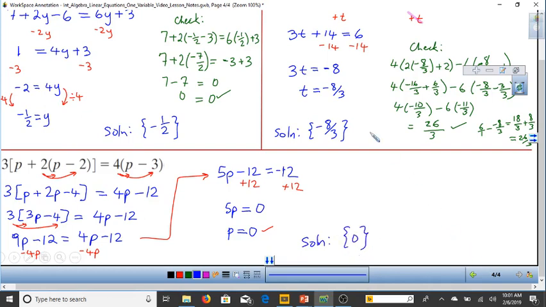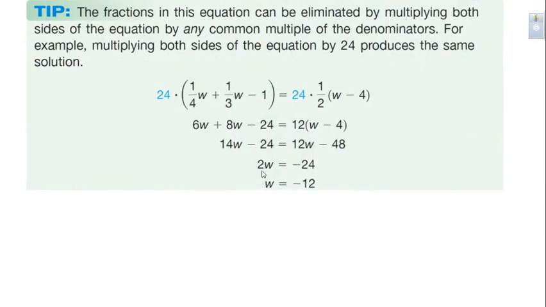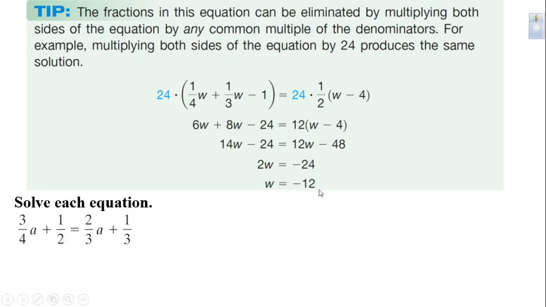So we have 3 examples here of solving a simple equation with one variable. Now let's talk a little bit about a couple of additional tips here. Just a quick tip. If you have fractions in an equation, what you want to do is multiply by the common denominator.